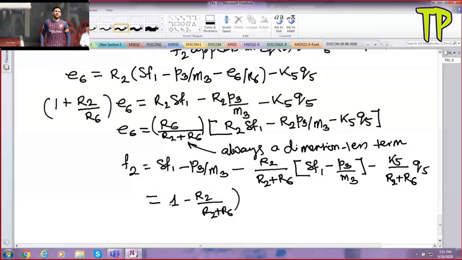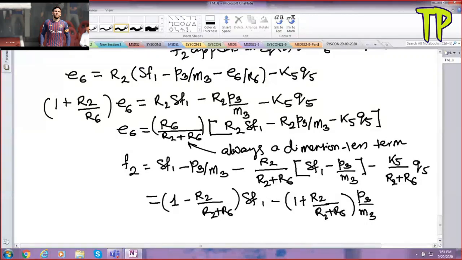times SF1. Look at this. This is a flow variable. This is a flow variable. This is 1 minus a dimensionless quantity. So flow is dimensionally correct. Right. Then minus 1 plus R2 by R2 plus R6 times P3 by M3. This is again a dimensionless quantity. P3 by M3, momentum by mass is flow.